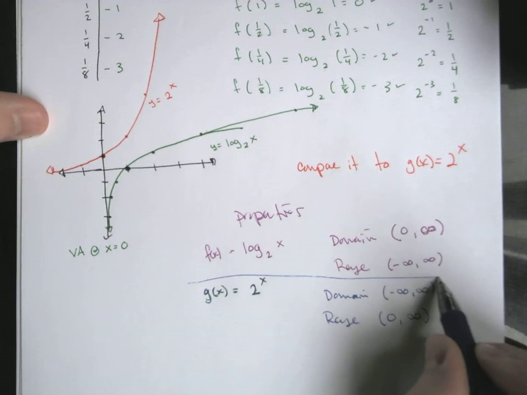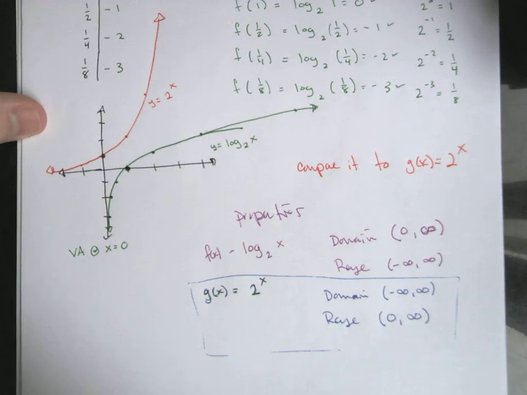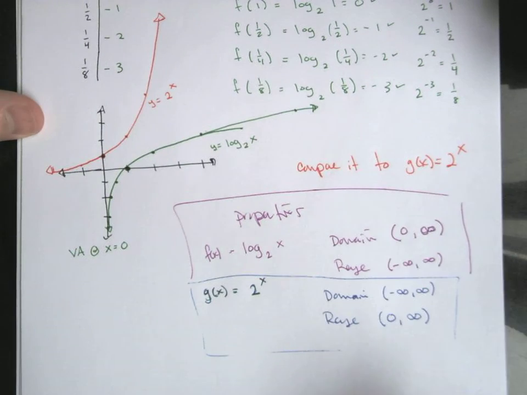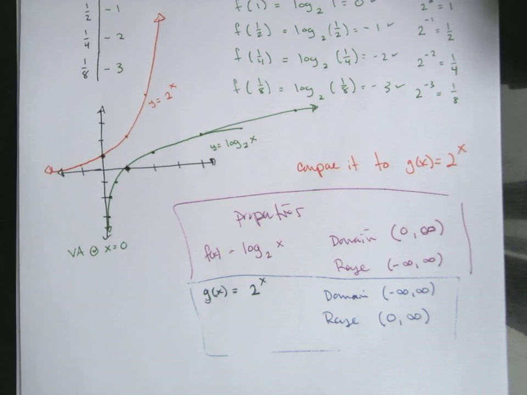So you can see we get this complementary relationship between these two functions. The domains and the ranges flip back and forth because the roles of the x values and the y values are flipping. Similar things are happening, but we're changing the roles of the x's and the y's.